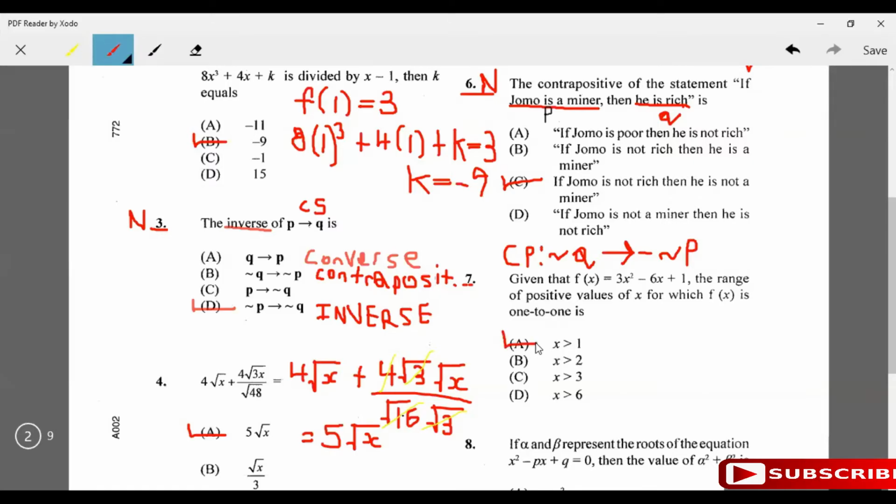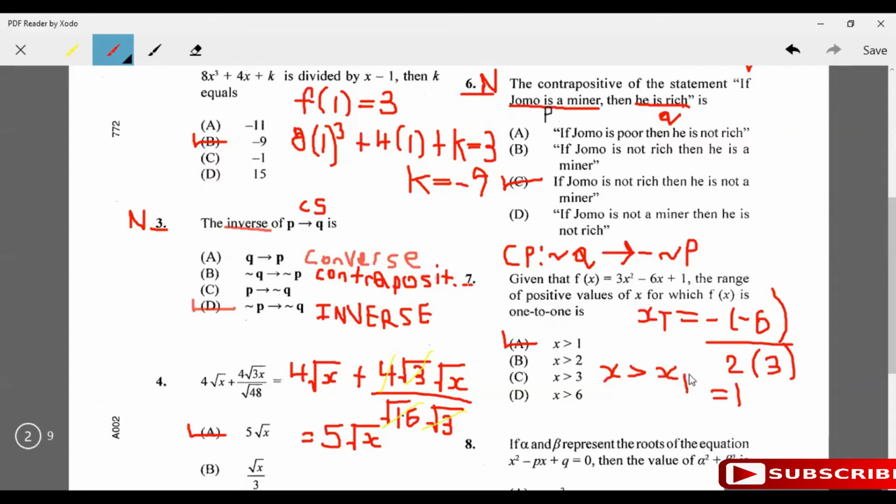So how do we go about doing this question? We find the x value at the turning point, right? So all you have to do is find xt, which is equal to minus b over 2a. So xt is minus minus 6 over 2a, and 2a is 2 times 3, and so 6 over 6 is equal to 1, and the solution is always going to be either x is greater than xt or x is less than xt.